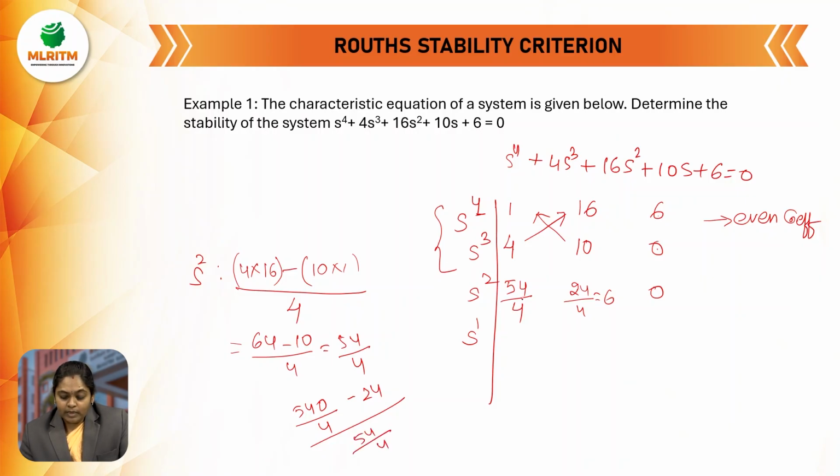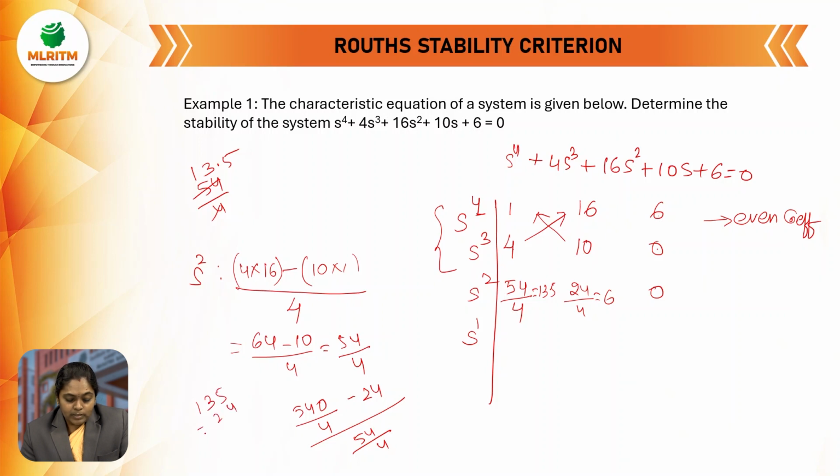Or in simple terms, I can say that 54 by 4 can be written as 13.5. So 13.5 into 10 is 135, 135 minus 24.